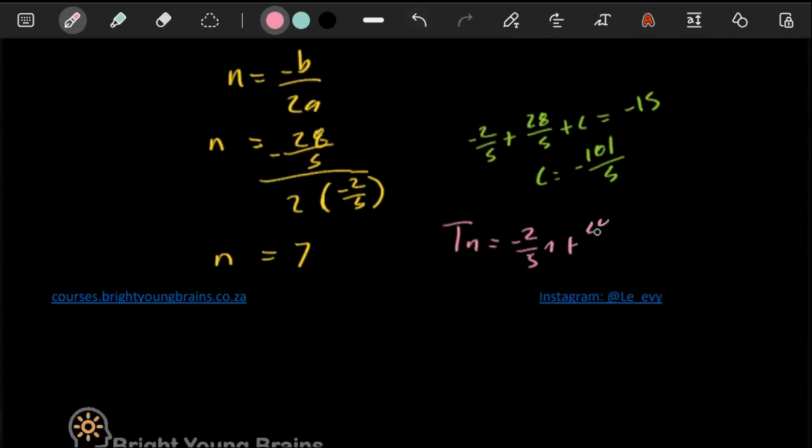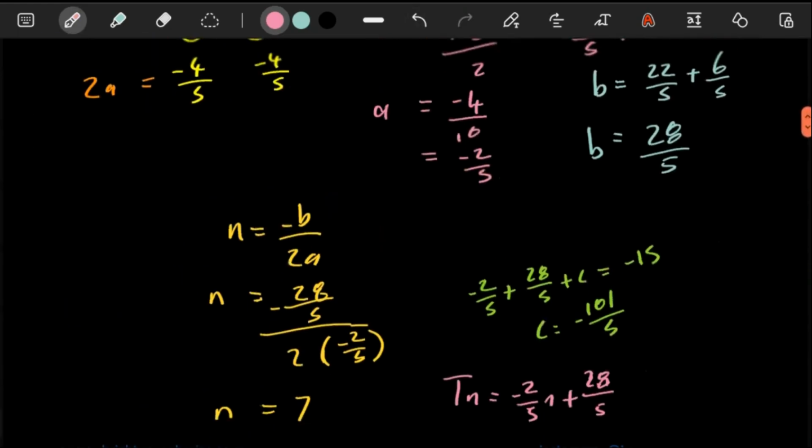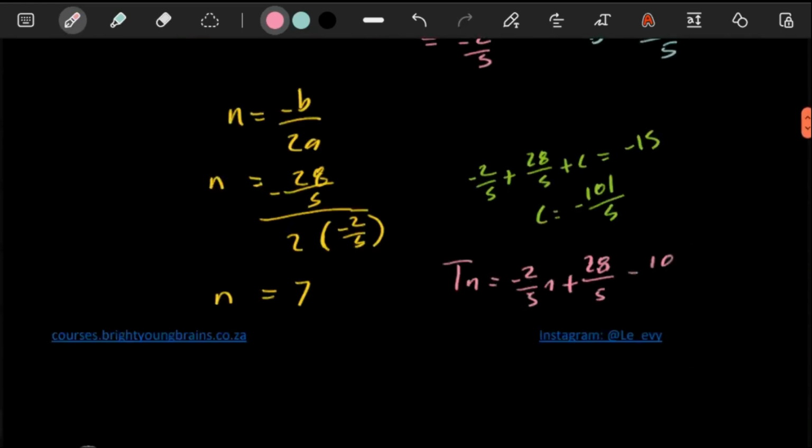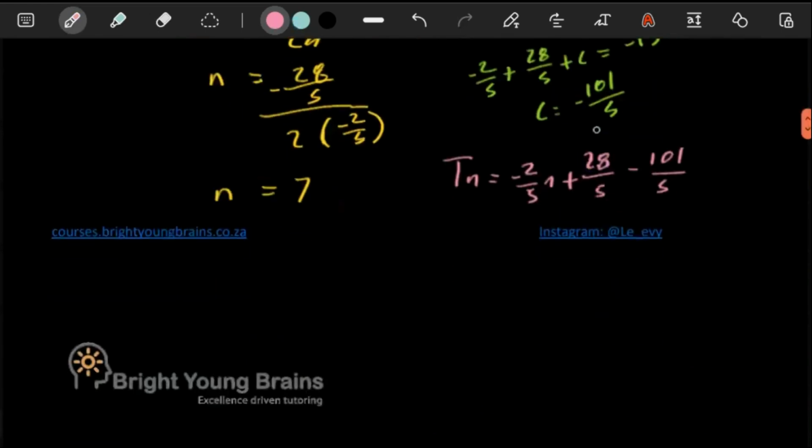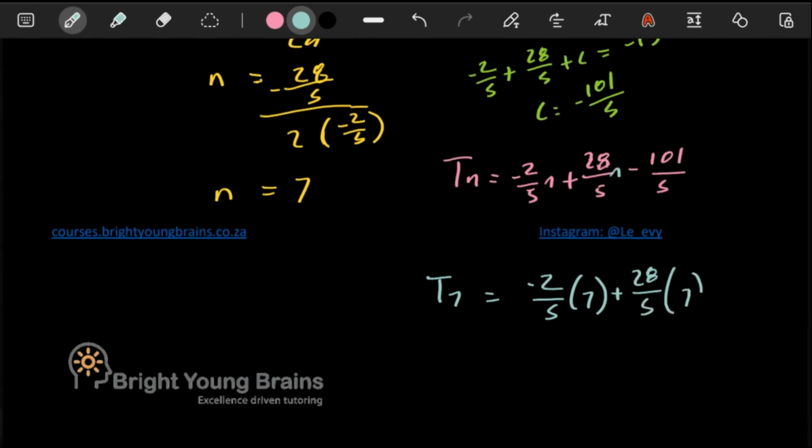Plus 28 over 5. And then our c value is negative 101 over 5. So we are looking for T7, you see. So T7 is going to be negative 2 over 5, and then we're going to have here 28 over 5. Oh, I forgot to put n here. There's a 7 there. 101 over 5.